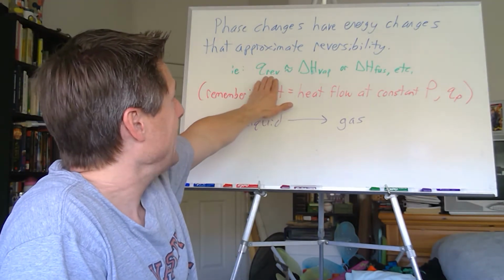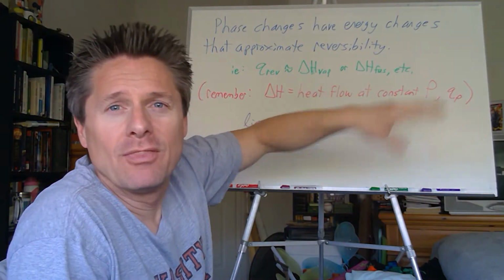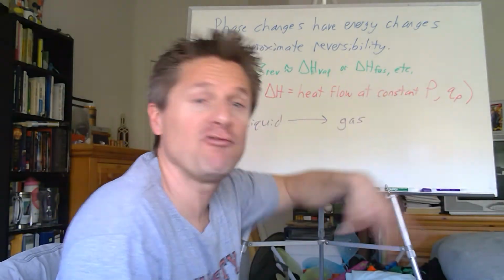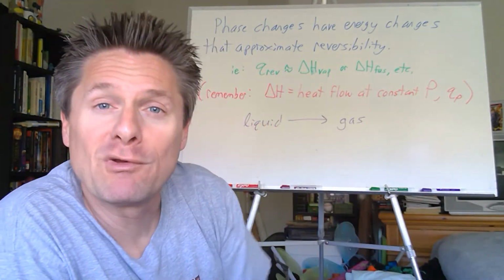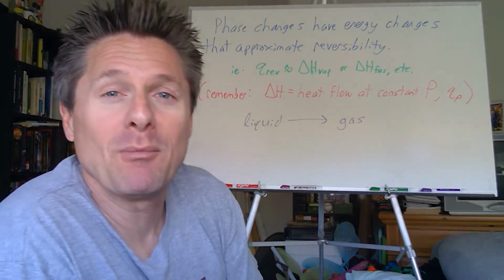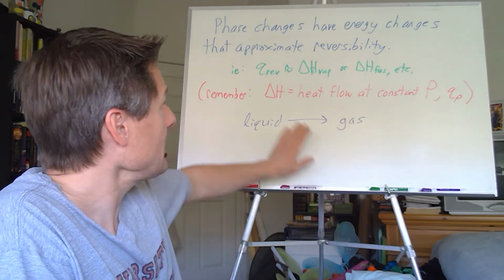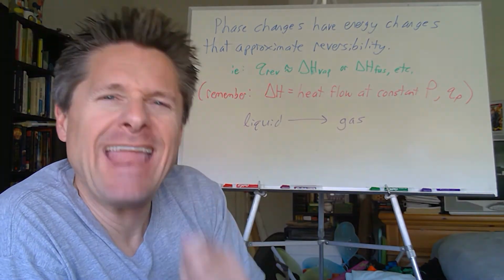So we can say that Q reversible is approximately like, say, the molar heat of vaporization from going from a liquid to a gas, or the molar heat of fusion of going from a solid to a liquid. So if you don't remember those terms, go review that video on heat from thermochemistry, or review some notes on that from last semester. And again, just as a reminder, remember the change in the enthalpy.